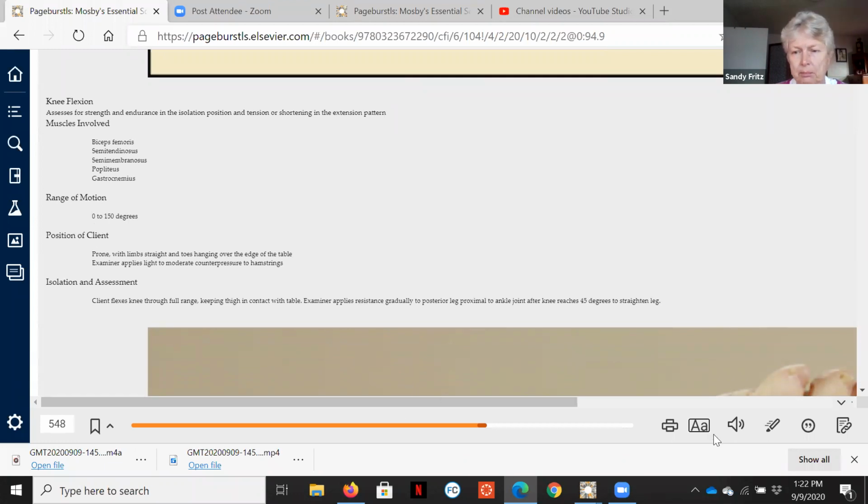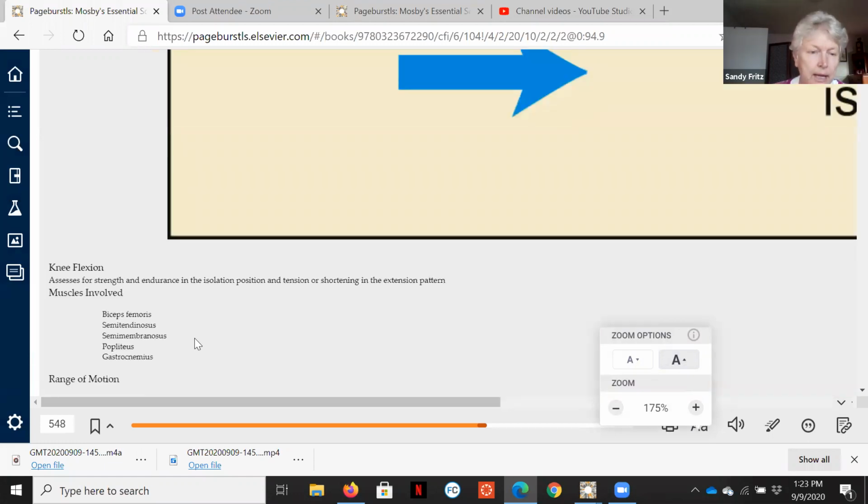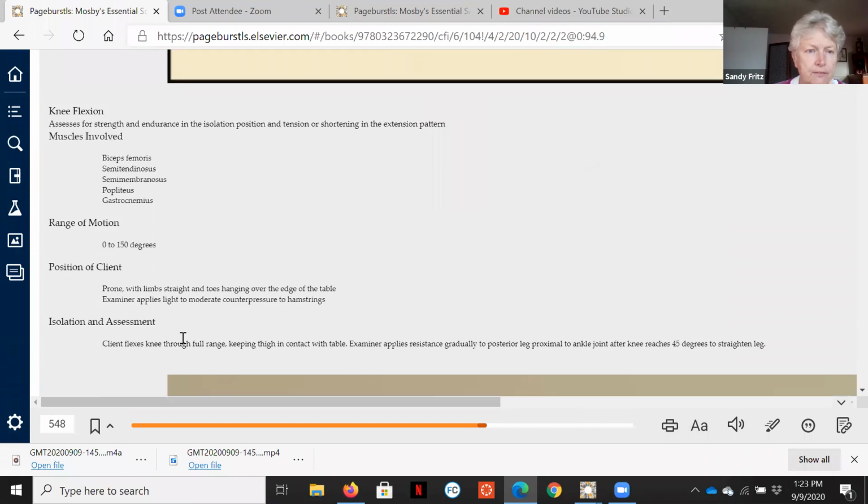I gotta make this a little bigger. And we can identify what the range of motion is. And I still can't see that. So you're gonna watch me put on some funny little reading glasses. Okay, that says 0, which means it's starting from the anatomical position, which would be extension, and flexing to as much as 150 degrees.